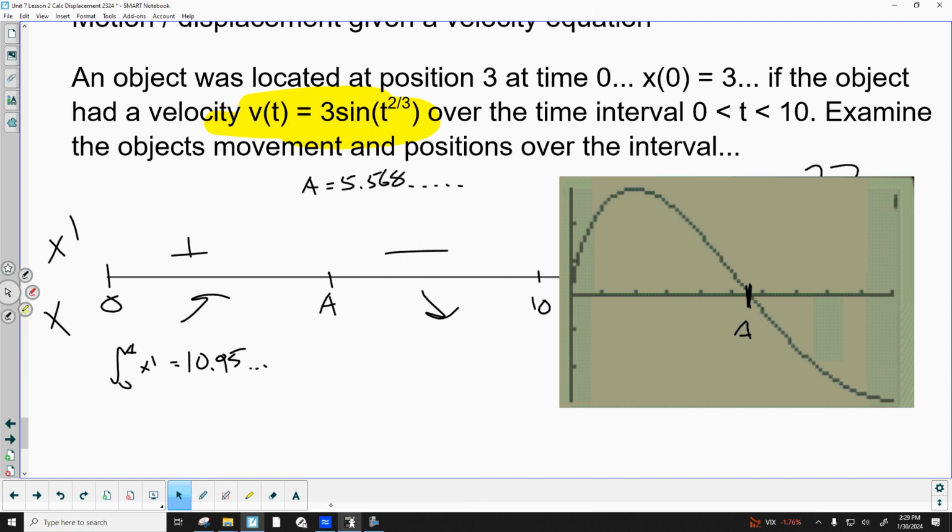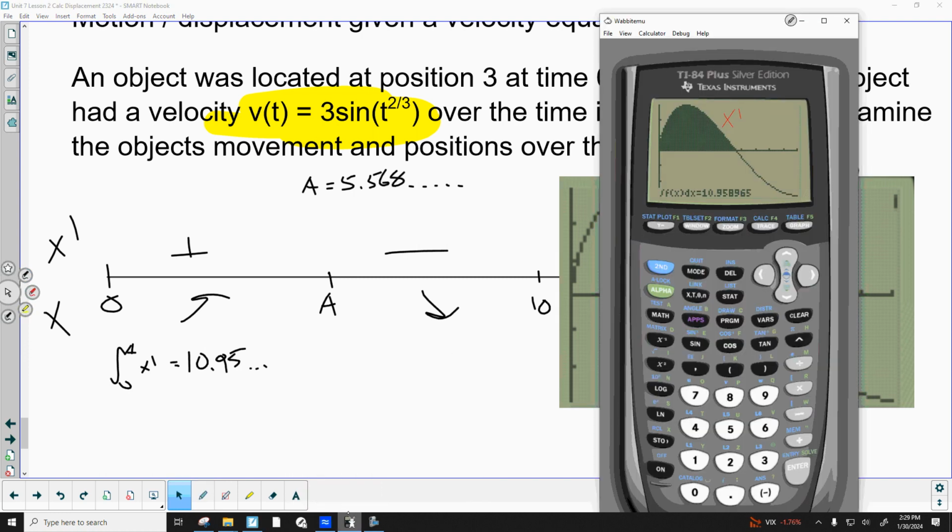Here's the better way. Because we're going to be doing this so much. Go into your home screen. Second Calc 7 is how you would do it on the graph screen. Okay, everybody, ready? Math 9 in the home screen. Accumulate from 0 to A. Now, pause.